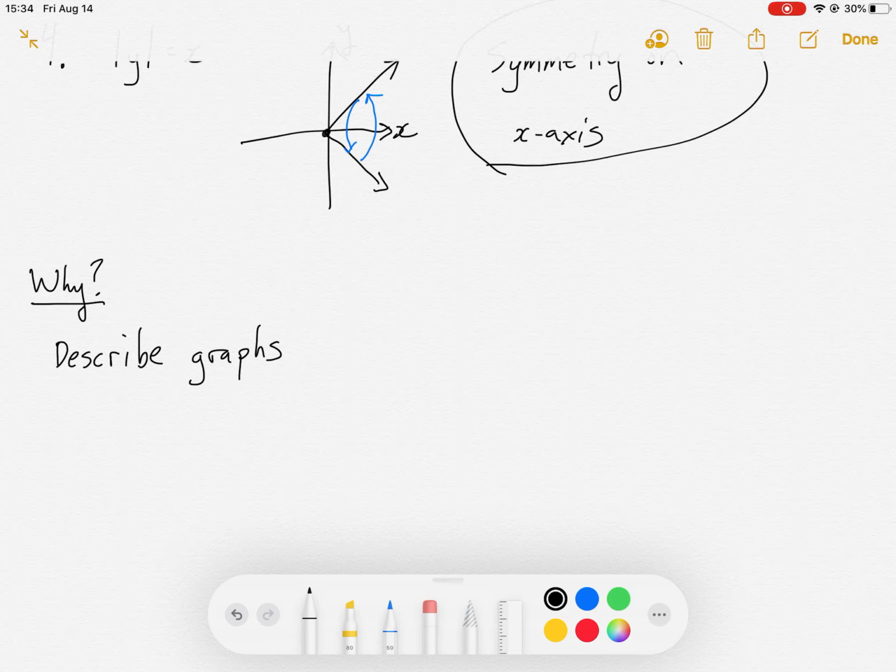Throughout your career in math, you'll have to do this. You'll have to figure out patterns and figure out how different graphs work. Additionally, we're going to be using this for some algebraic work.